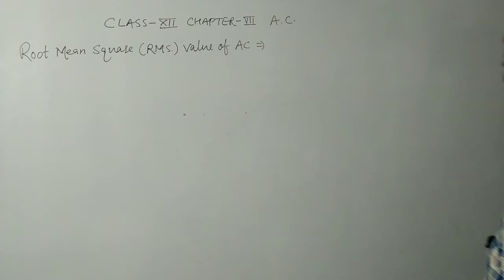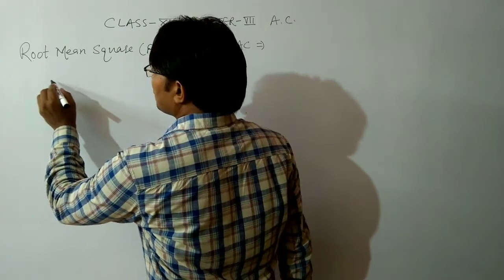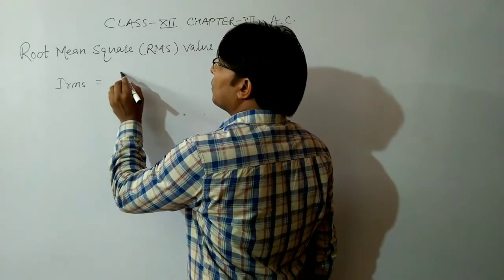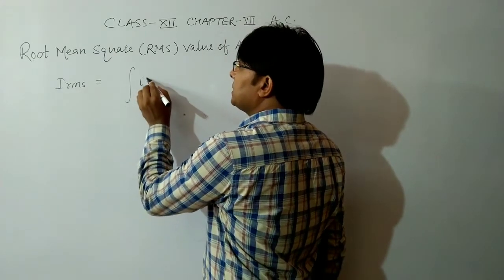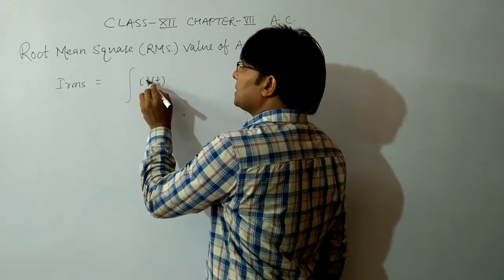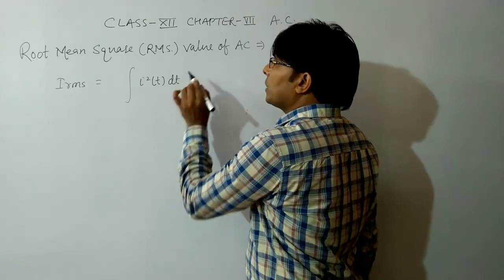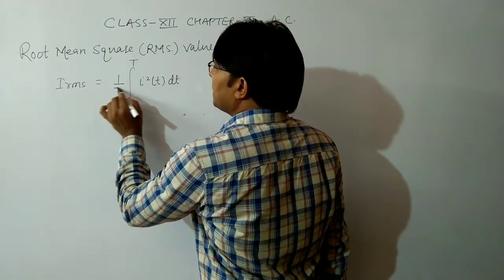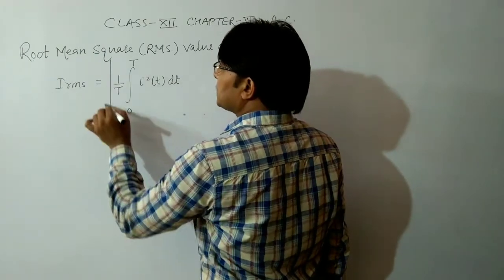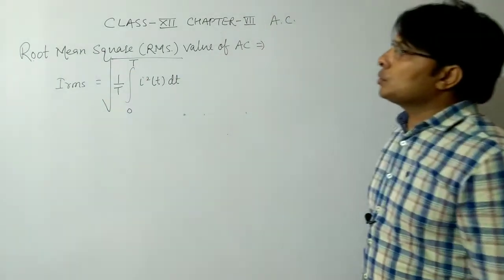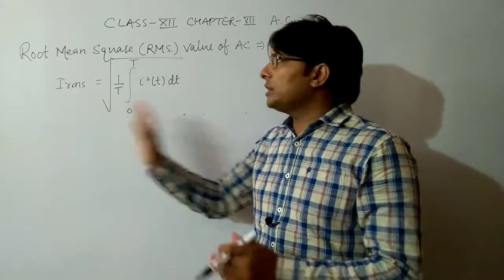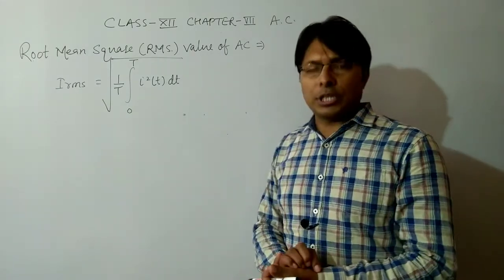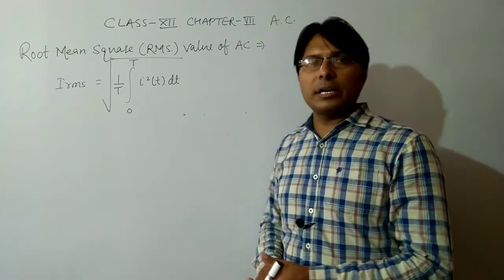To calculate the root mean square value of AC, we use this formula: I RMS is equal to the square root of 1 upon T times the integration of i square t dt over a complete time period, that is from 0 to T. You must remember this formula, because with the help of this formula we can calculate the root mean square value of any periodic signal. Here the periodic signal is alternating current, that is AC.